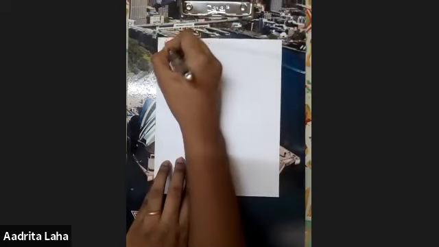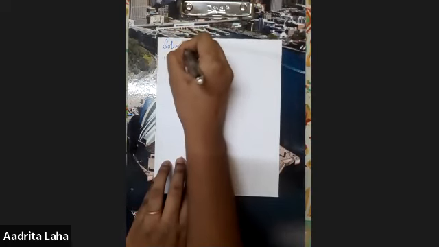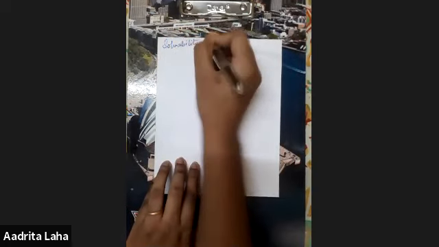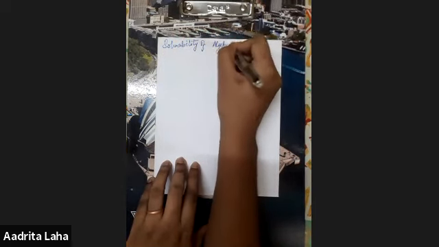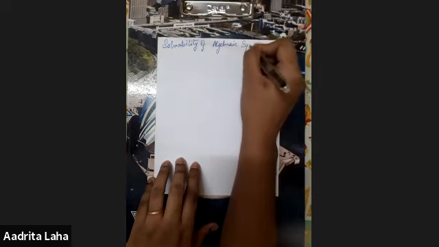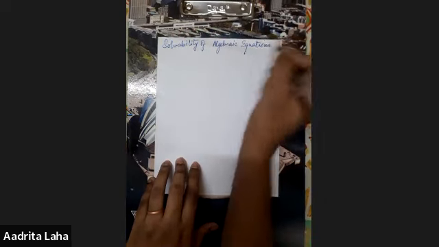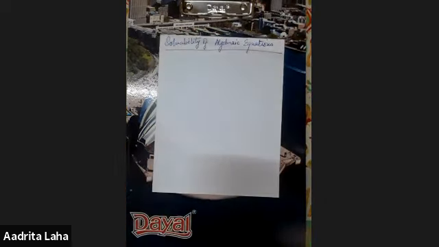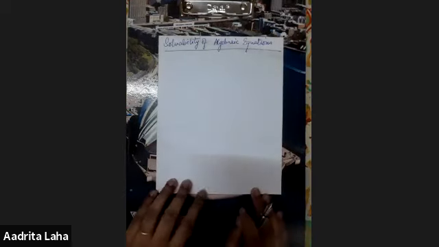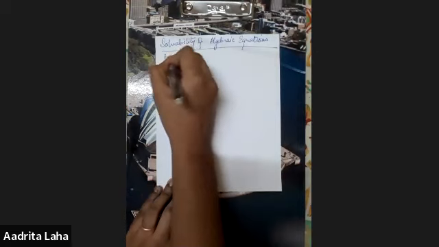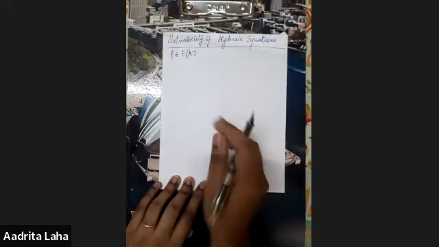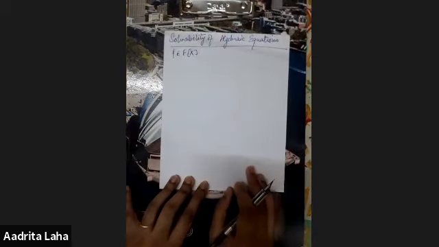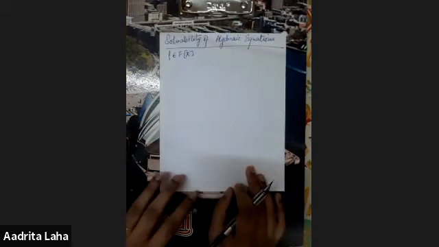So our next topic is solvability of algebraic equations. Okay, so first we take a polynomial. Say f is in F[x], and we want to express the roots as radicals.